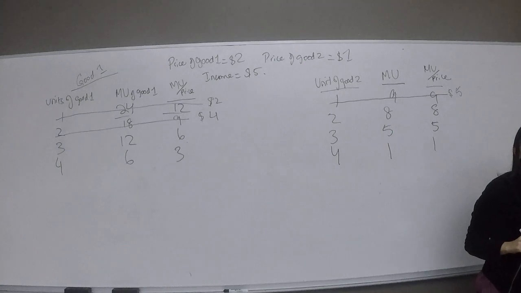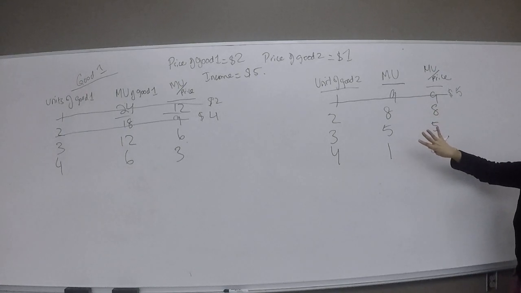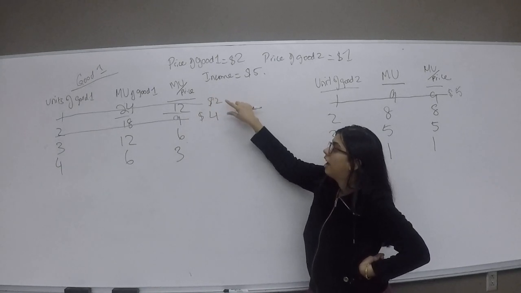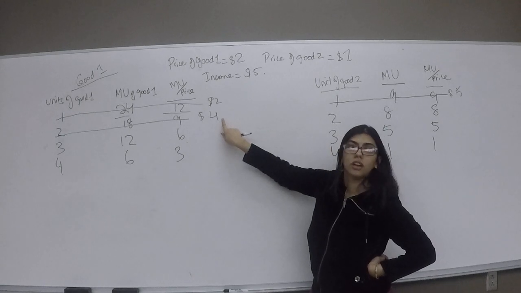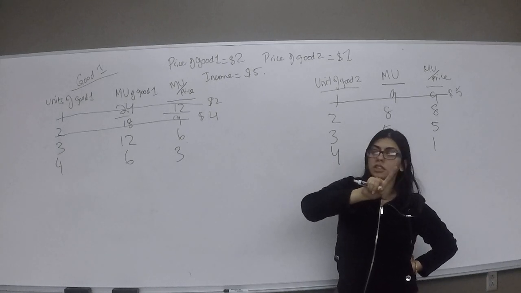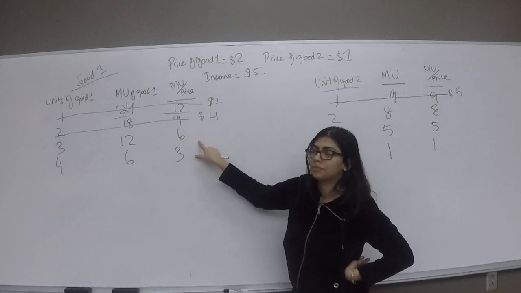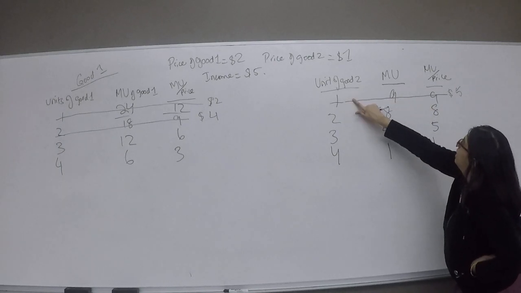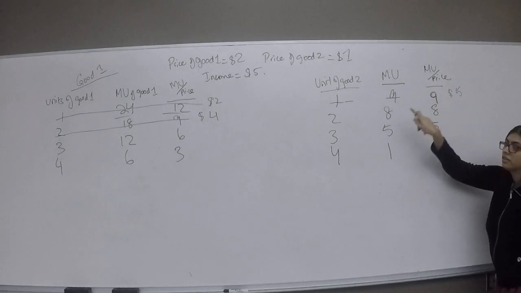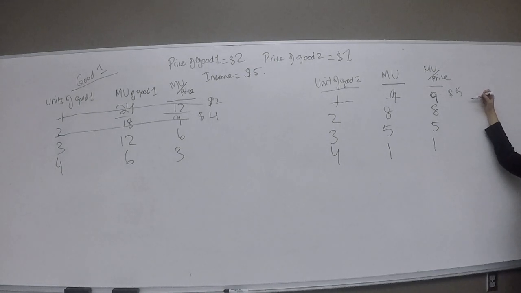The next good one gives you a marginal utility per dollar of 6, and good two gives you 9, which is greater than 6. So you're going to spend your next dollar on good two.